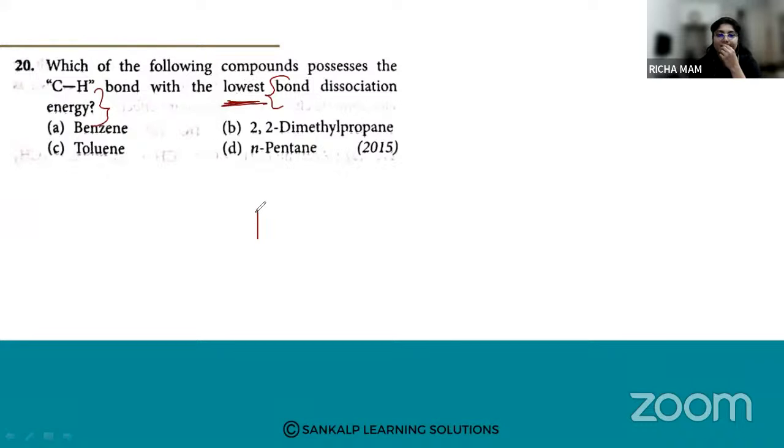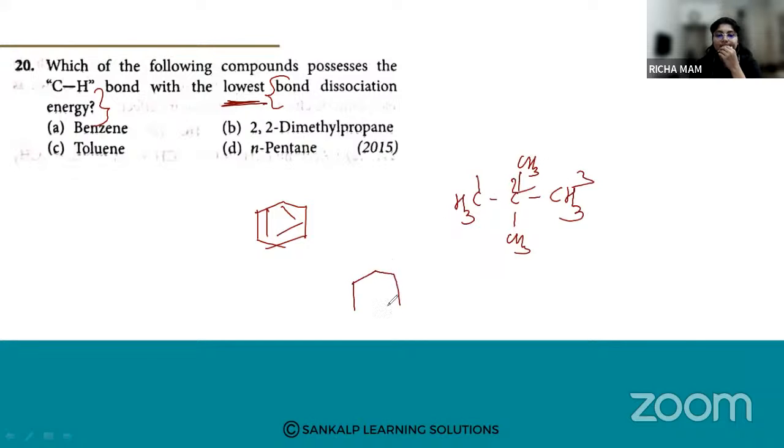The options: first is benzene, then 2,2-dimethyl propane, then toluene, then n-pentane.